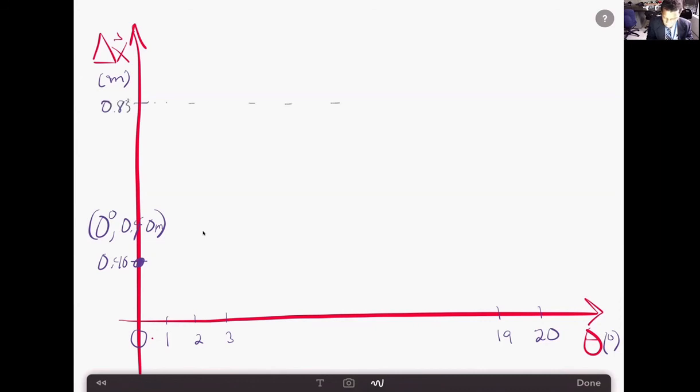So if I go over like so, and I come up like so, this is 20. This is our second ordered pair. So you have 20 degrees and 0.83 meters. So that's our next ordered pair.